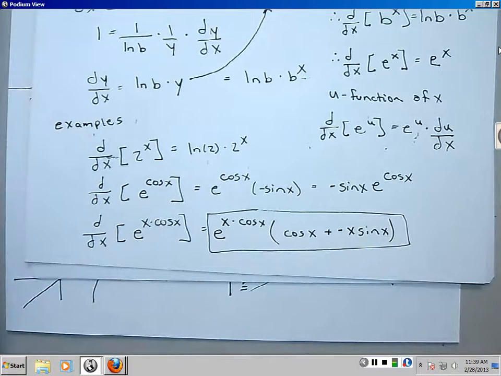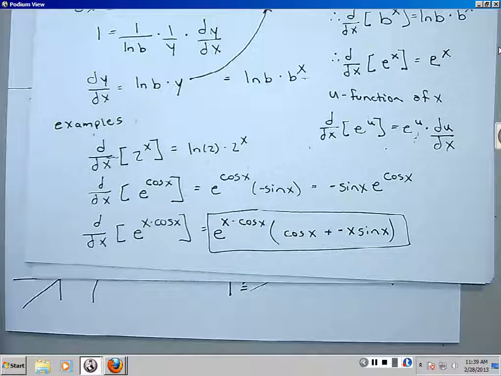You guys see that? This is a chain rule. The outside is e to a power. The inside is the power. So the derivative of e to a power is e to the power. So that stays the same. Times the derivative of the inside. Well, the derivative of x is 1, so whole cosine, plus the derivative of cosine is minus sine, and hold the x. So I just wrote that a little nicer.